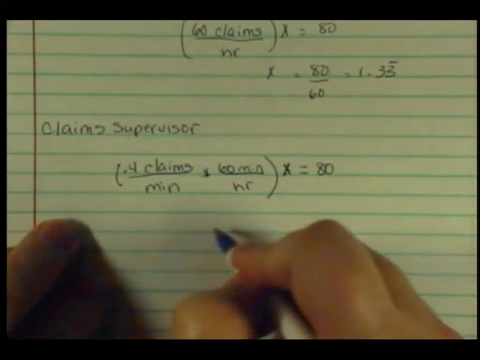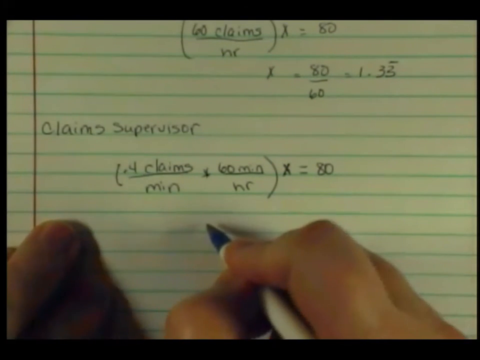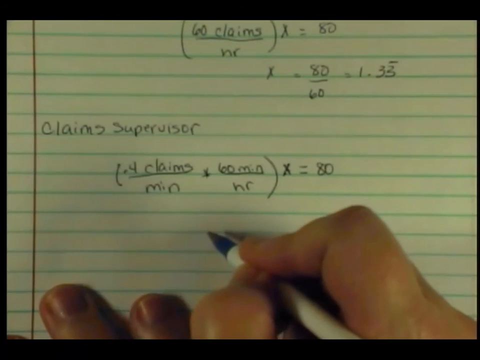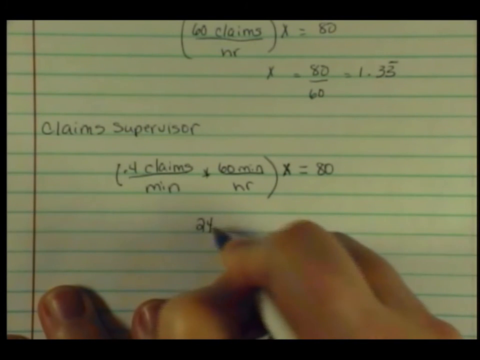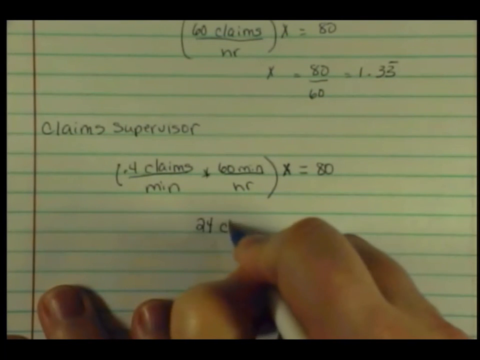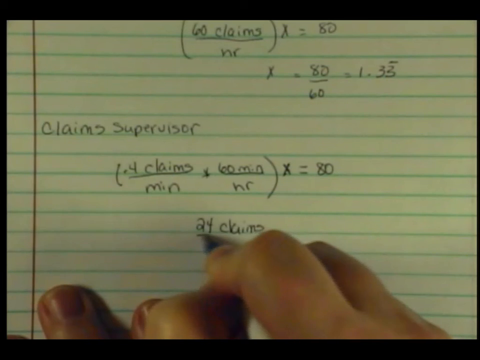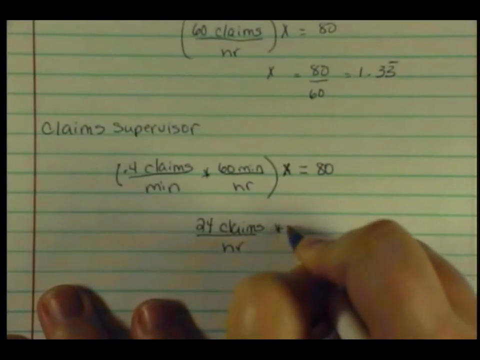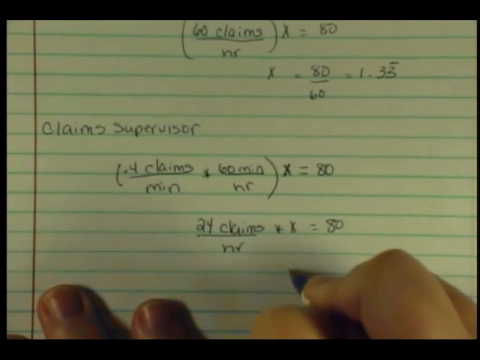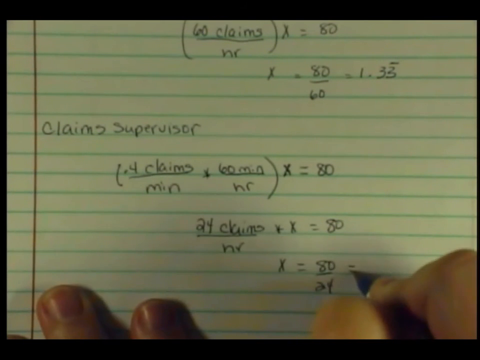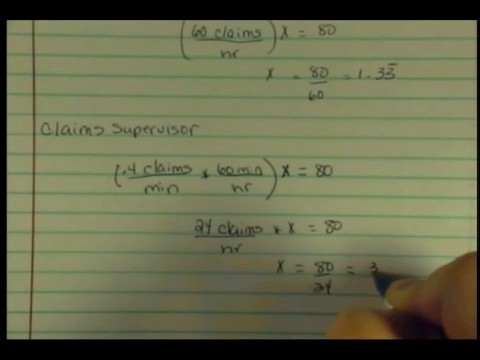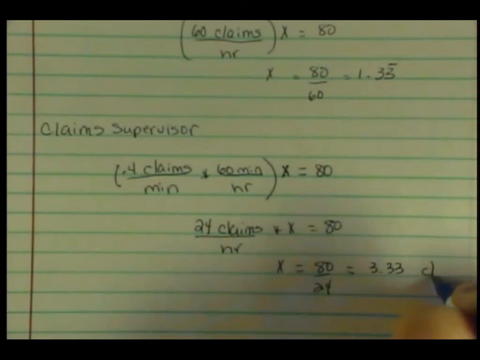So 0.4 claims times 60 minutes becomes 24 claims per hour, times X equals 80. So X is equal to 80 divided by 24, which equals 3.33 claims processors.